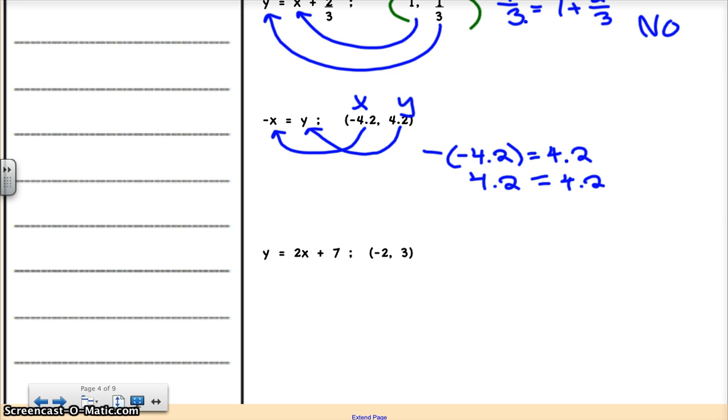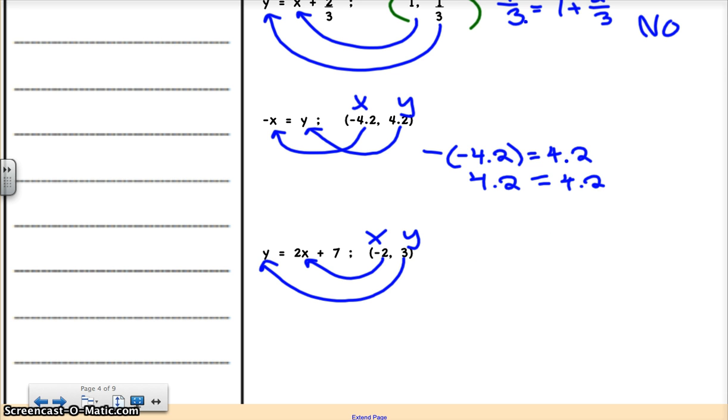Okay. Looking at this one. This next one, I think it's the last. Is it the last one? Yeah. Sweet. So, (-2, 3). I write my x. I write my y. Put the arrows in. Plug in. Oh, wait.